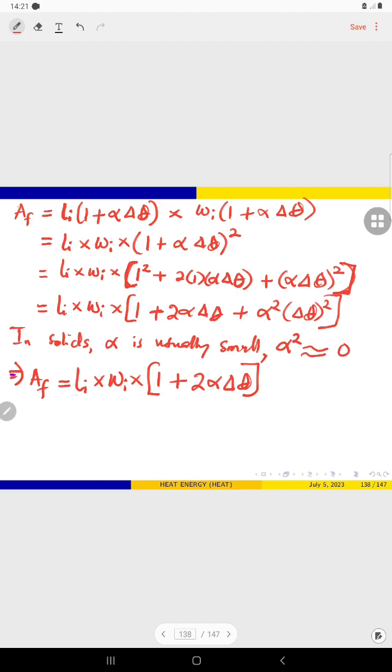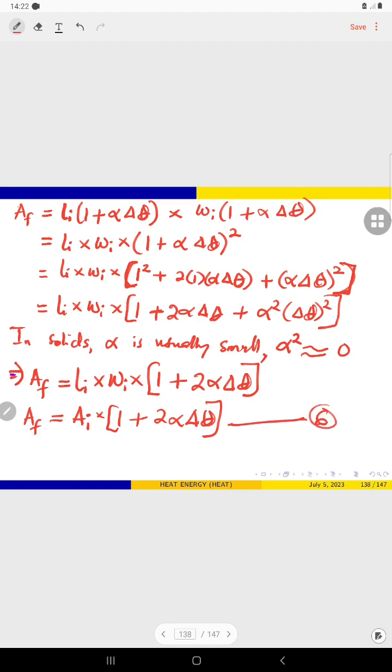And we know that Li times Wi, we can represent it with AI, okay? AI times what? 1 plus 2 alpha delta theta, where AI, we know AI already. I have defined it already. So, let's call this equation 6.